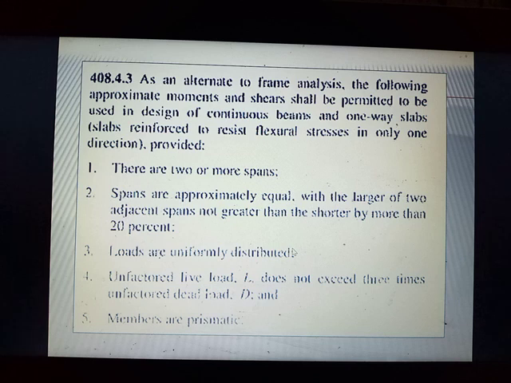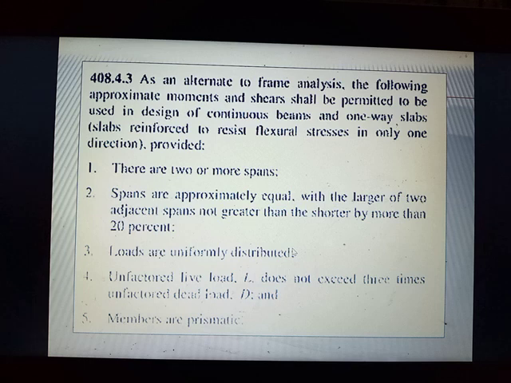approximate method. Mainly, this method is applicable to non-prestressed beams and one-way slabs. Specifically, prismatic. When we say prismatic, it has something to do with a rectangular cross-sectional area.